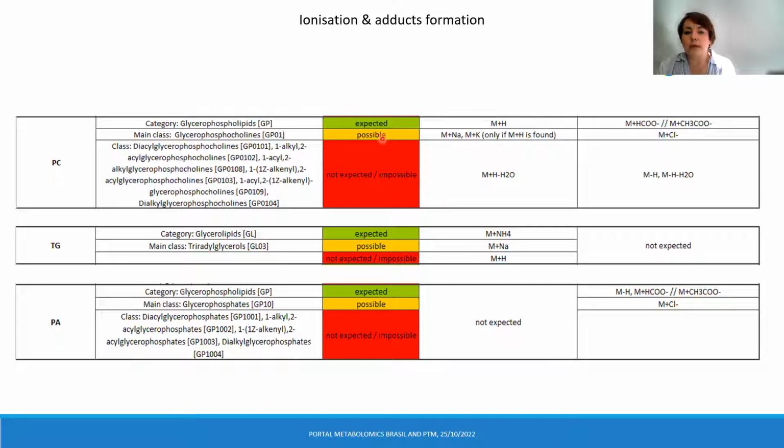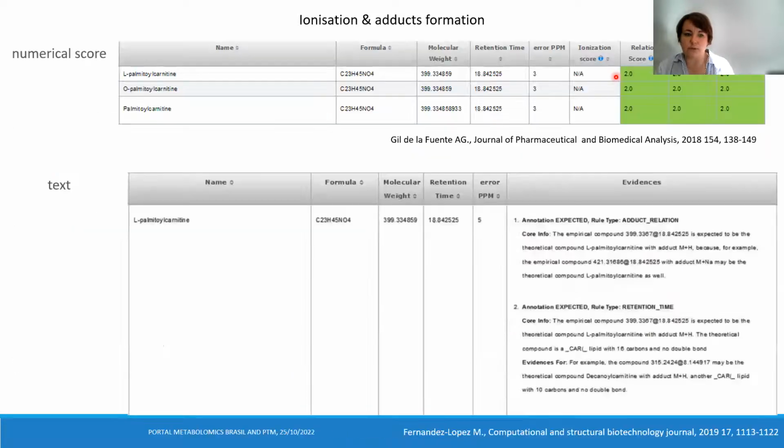So all these rules were implemented into Seumas mediator, and you can use them through a numerical score, where you search for candidates for your lipids, and the scores for the annotations will be given as numbers.